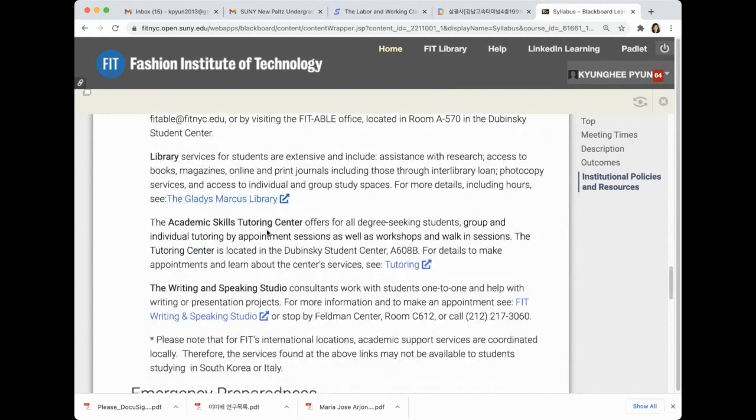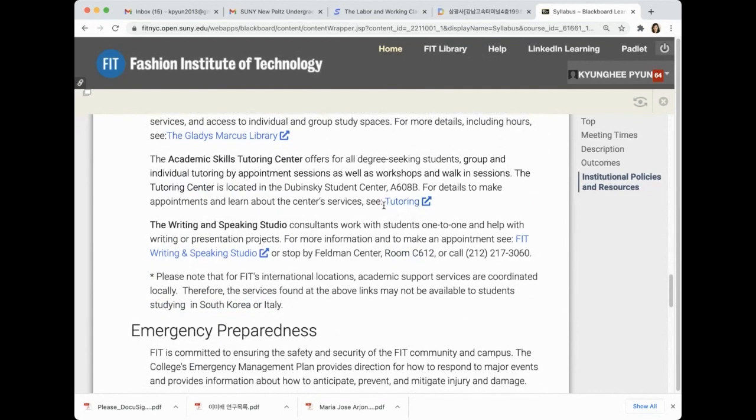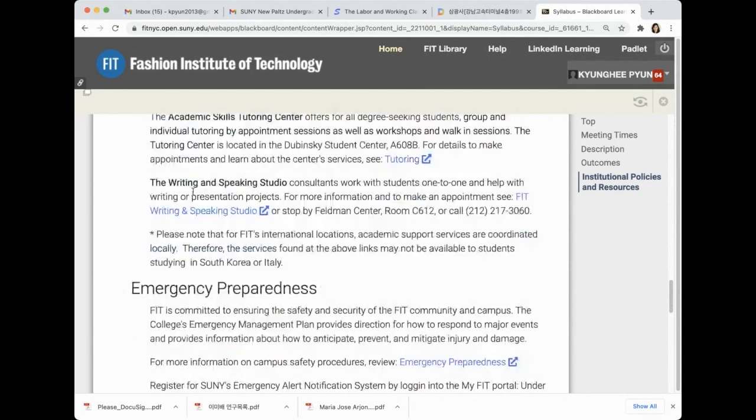And then you have a library link, and the academic skills tutoring center. It's not a math class, but you can certainly get an art history tutor there as well. And then the writing studio is important. I highly encourage all of you to take advantage of this. Is there anybody who's a tutor in the writing studio in my class? You can type in if you are a tutor there. Historically, many of my students are history minors. Those students were tutors in the writing center, but this is a fundamental resource.